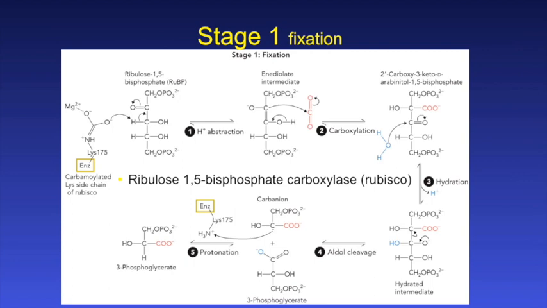Okay? The bis, I have 2 phosphates in the 1 and 5th position. And I'm going to carboxylate it. I'm going to put a carboxy moiety on it. And we have seen this before. If an acid comes off, it becomes a CO2. If you add a CO2 onto something, it will become an acid. That is how it works.